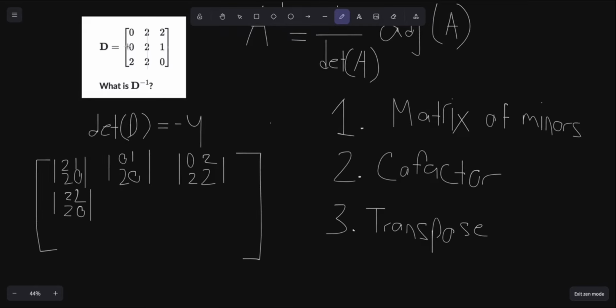You kind of do the cover up method, I guess you can say, and the resulting matrix that you get, 0, 2, 2, 0, is going to be what makes up the matrix of minors. So I'm probably gonna do a time lapse here of me just doing this.